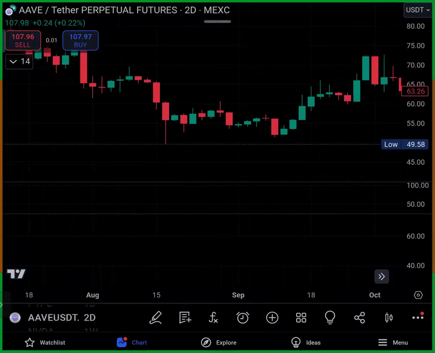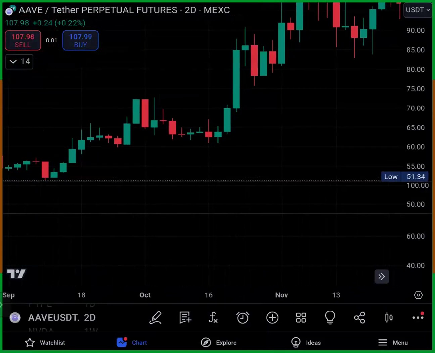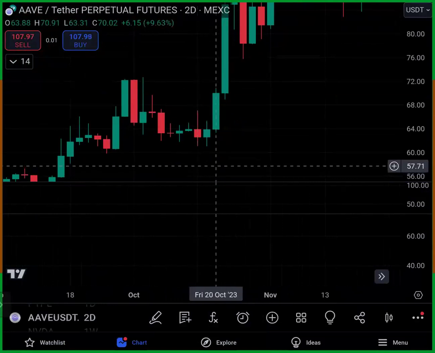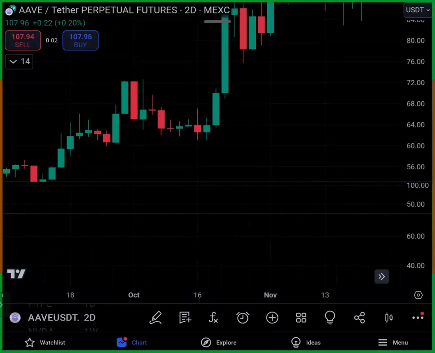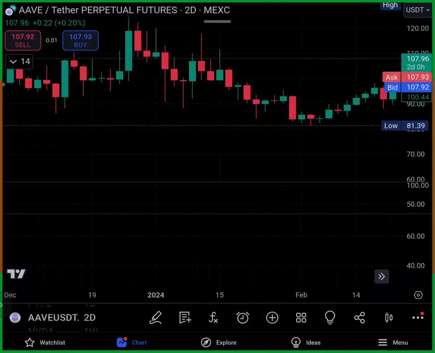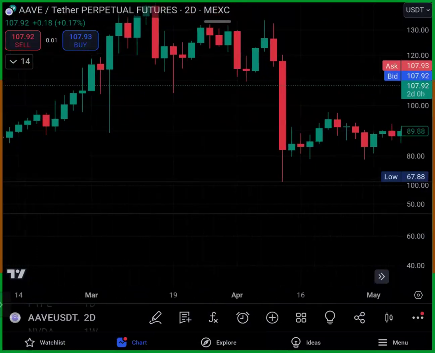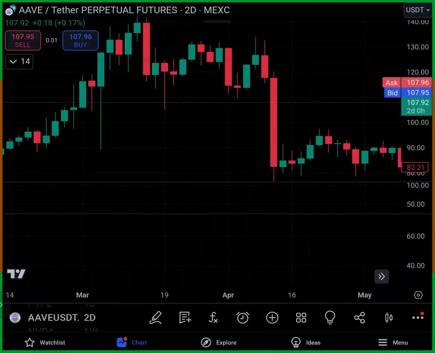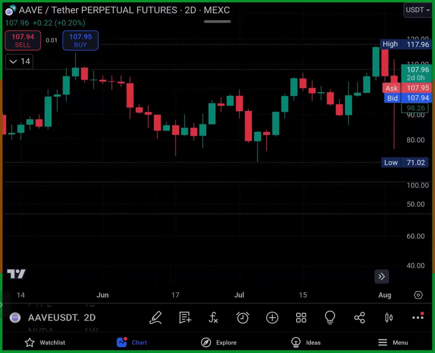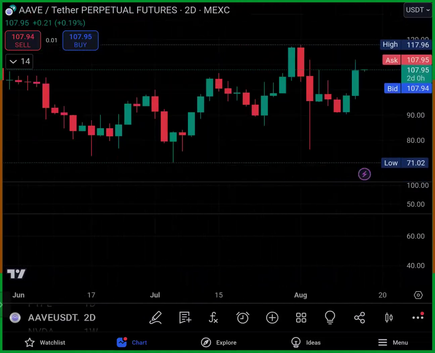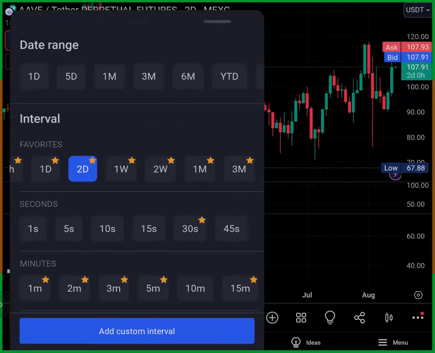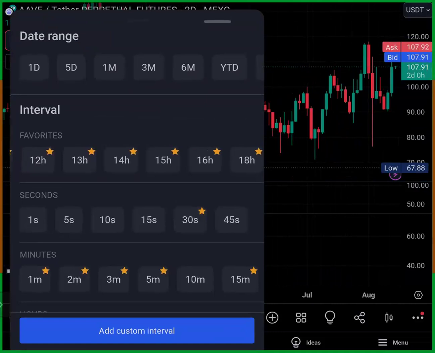This probably would have been one, but it's not perfect. Let's see. Nope. That was a big bar. I'm trying to look for the big bar morning star. Let me try to see if I could look at another time frame.